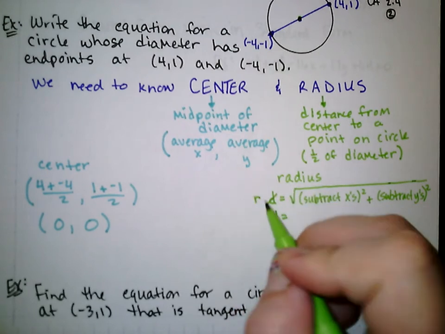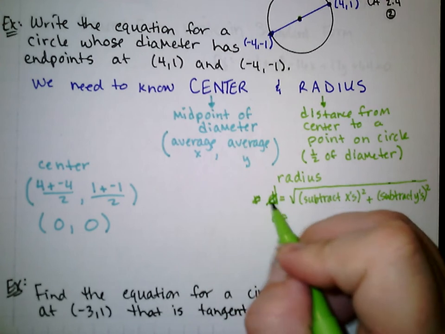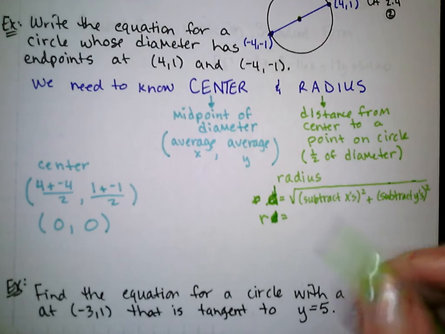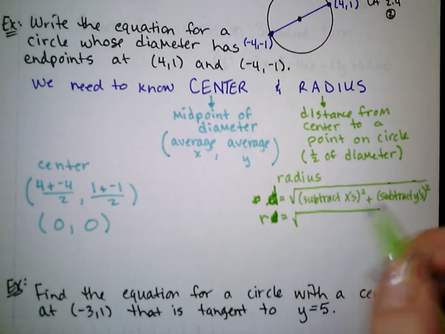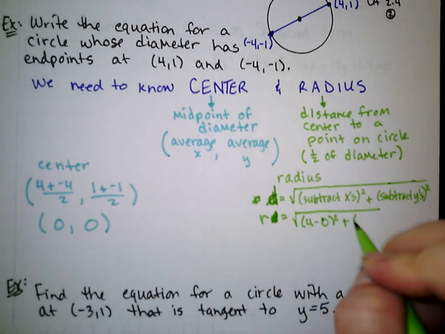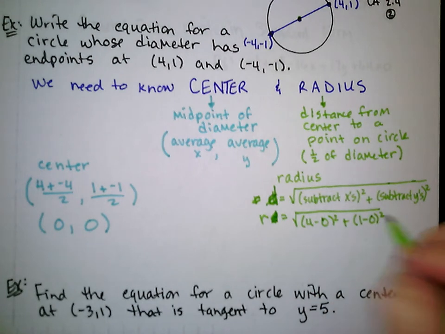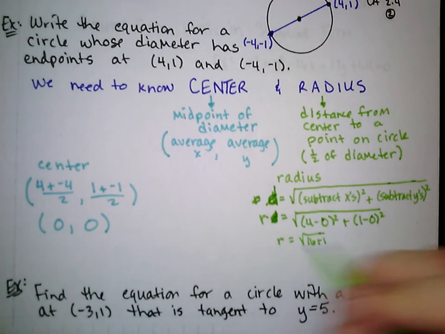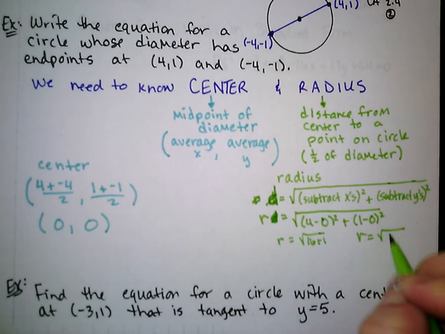That would be d, so let's make this one r because it's the radius. Okay, so square root of 4 minus 0 squared plus 1 minus 0 squared. So that will be square root of 16 plus 1. So the radius is square root of 17.